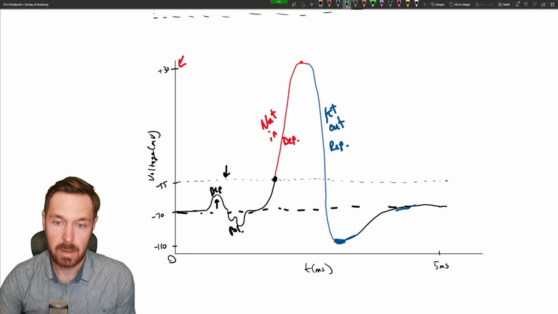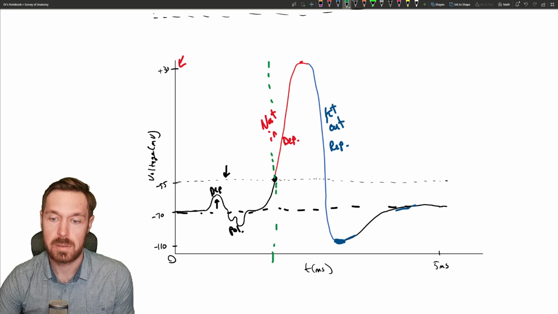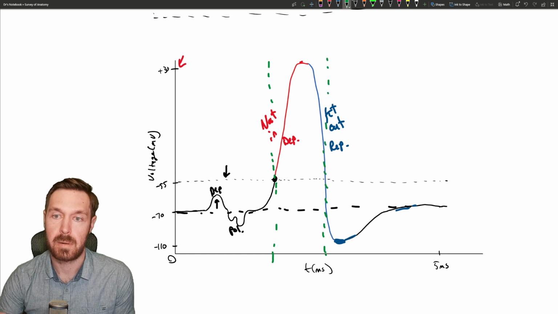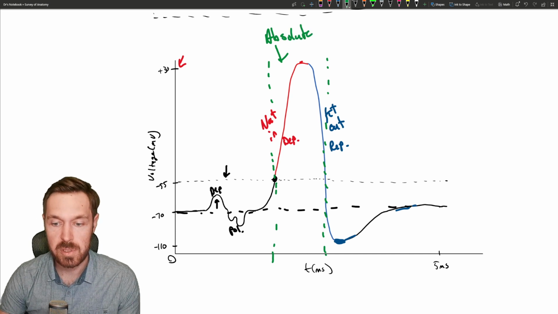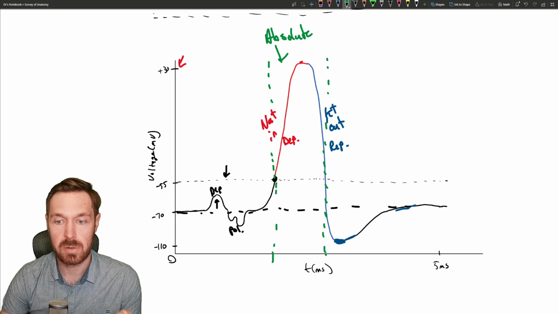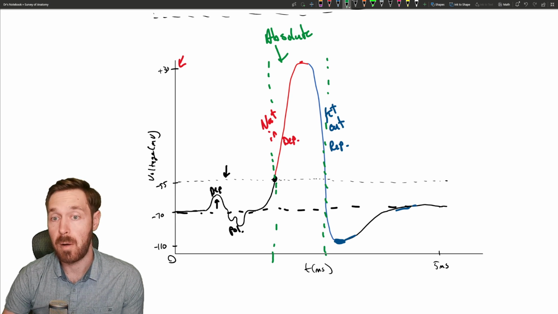So here, from the moment threshold opens to during the reset phase right here, this is called the absolute refractory period, meaning you absolutely cannot fire an action potential during this period.